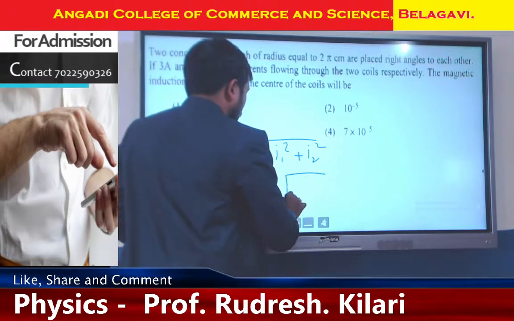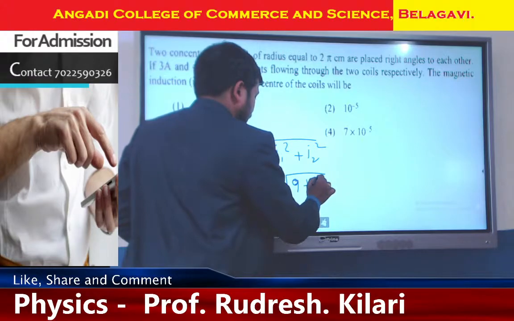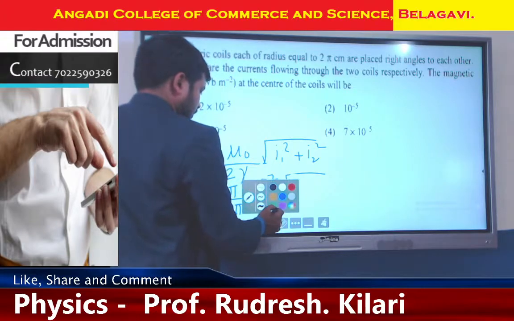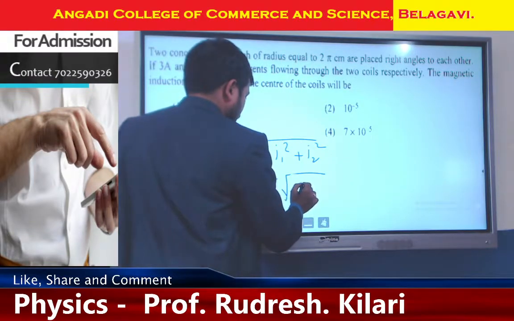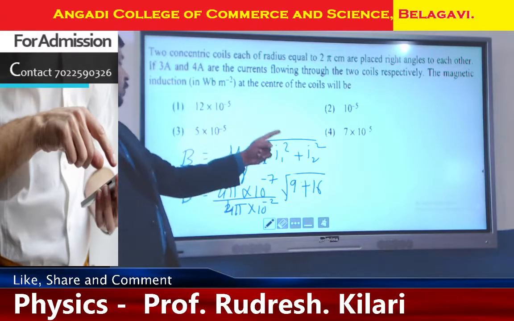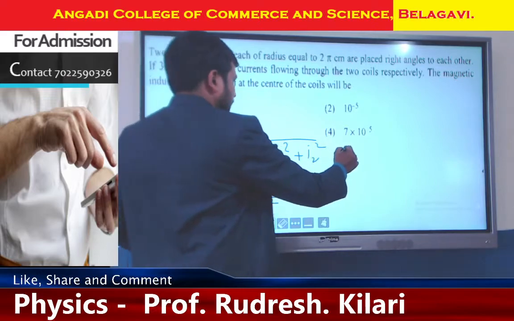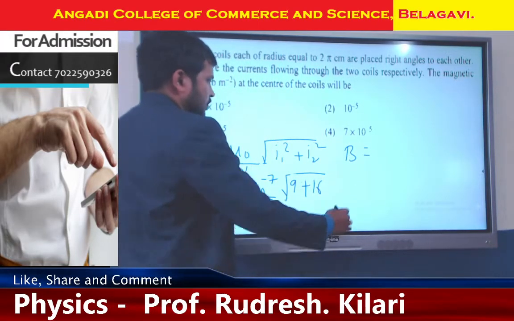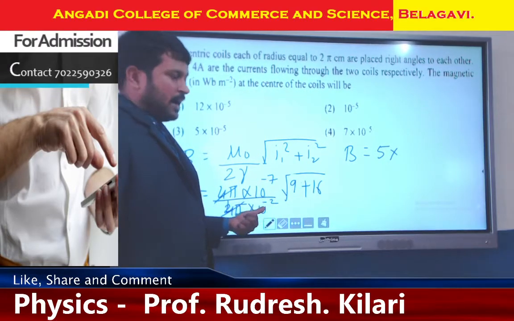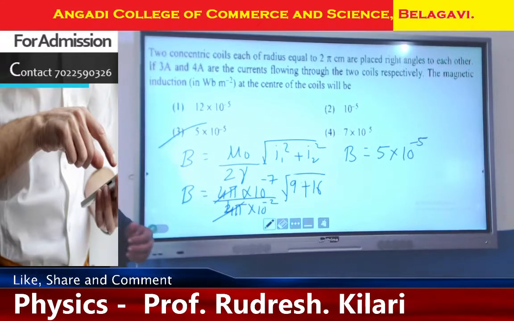Root of 3 squared is 9 and 4 squared is 16, so 9 plus 16. Okay, add up this one. 4 pi and 4 pi get cancelled. This goes up to the power of minus 5. That is B equals 5 into root of 25, that is 5 into 10 to the power of minus 4. Okay, that is the answer. Option C is the right answer.